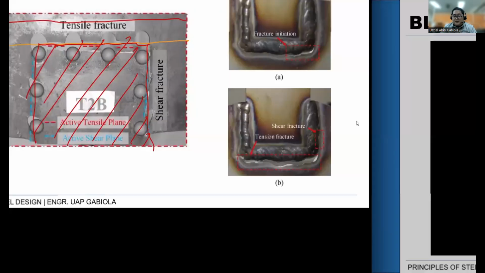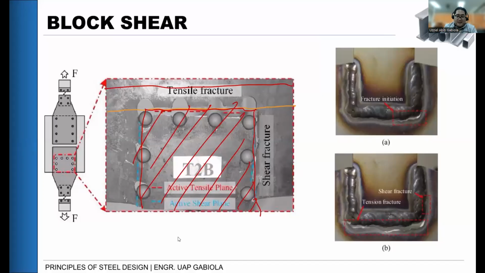Okay? So let's look at a video showing kung paano nangyayari yung block shear failure. For a while, itingnan natin yung manifestation ng block shear. Okay, so allow me to share this one. Pa-verify kung makikita nila nag-play, ha?